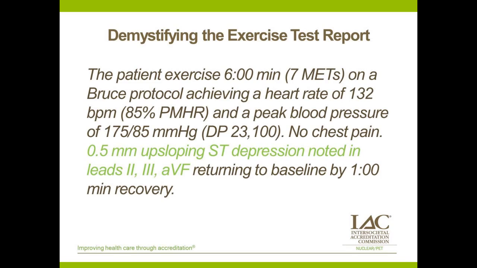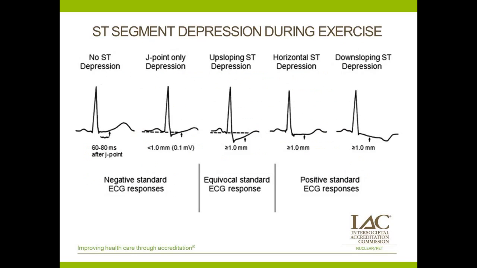So what does it mean by upsloping ST depression? On the left you see no ST depression, or basically normal. The ST segment, or whether there's depression, is measured at 80 milliseconds after the J point. That's according to guidelines, 80 milliseconds.